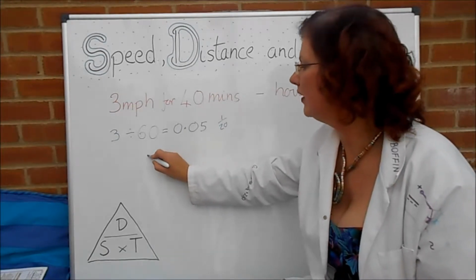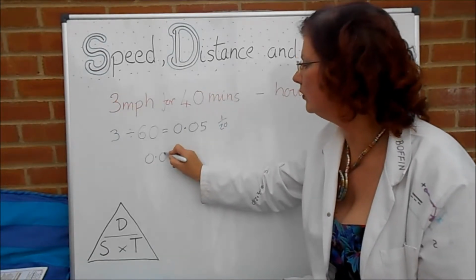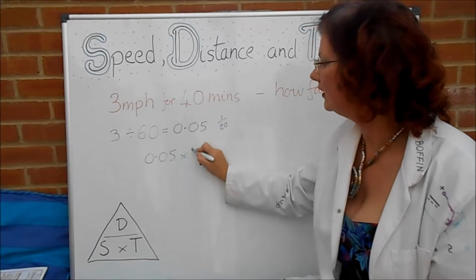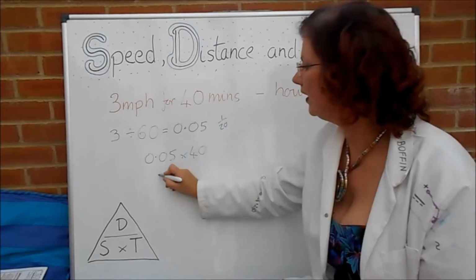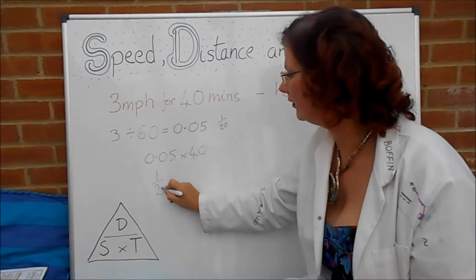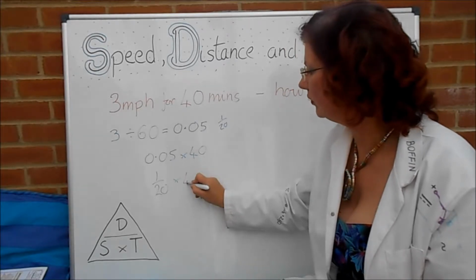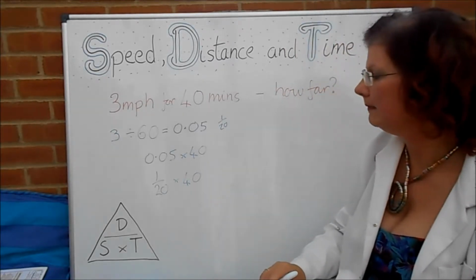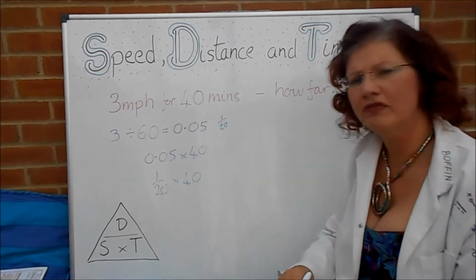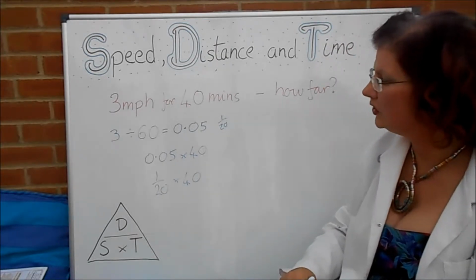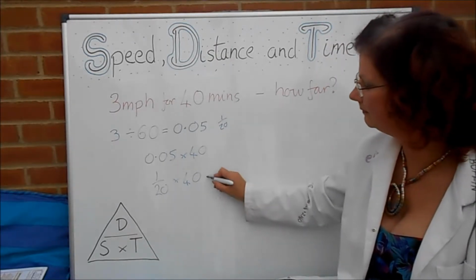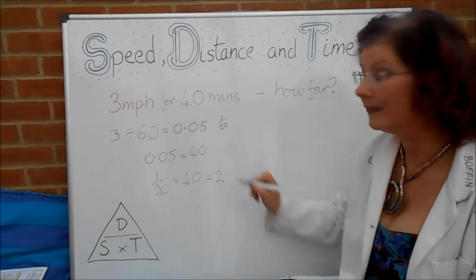So now I can do either 0.05 times 40, or 1/20th of 40. I'm going to do that one in the fraction. It looks a bit nicer, doesn't it? A 20th of 40, that's 2.